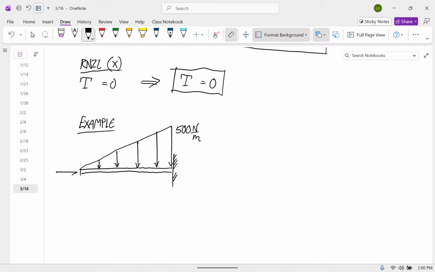And I'll apply a torque on this one of 300 Newton meters. And let's say the overall length is 1.5 meters.